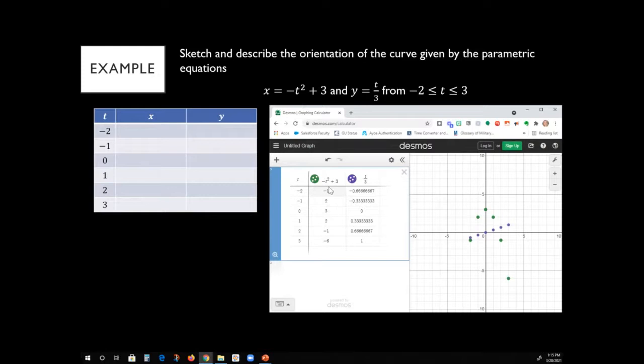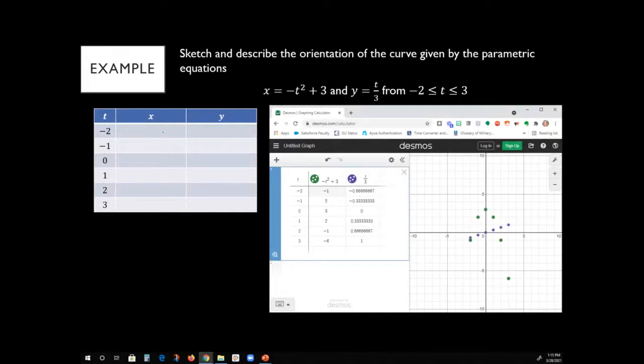I entered for my first column what I had for x, negative t squared plus 3, and it used the values for t and filled in that table already. I'm double checking that it matches what I did by hand. Then we've got our next one, t over 3. It took those same t values and plugged them into the table here.